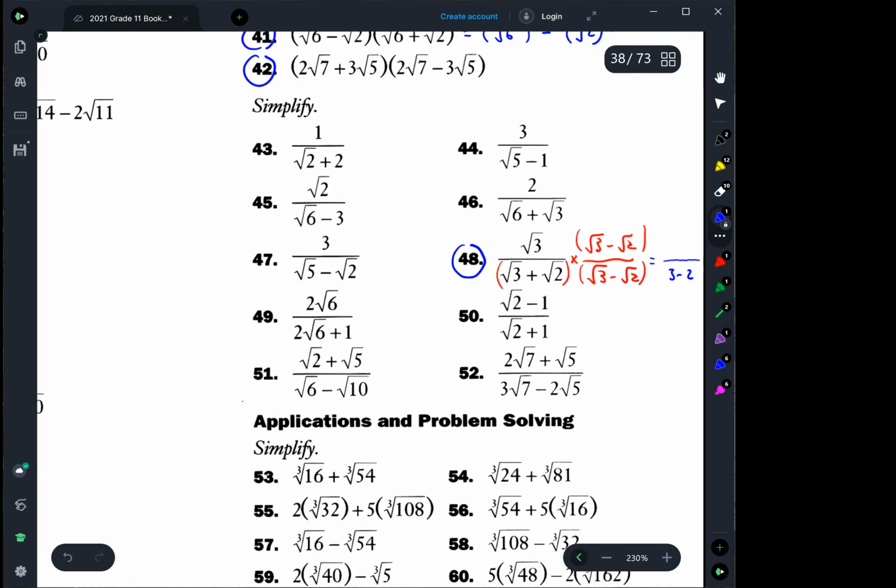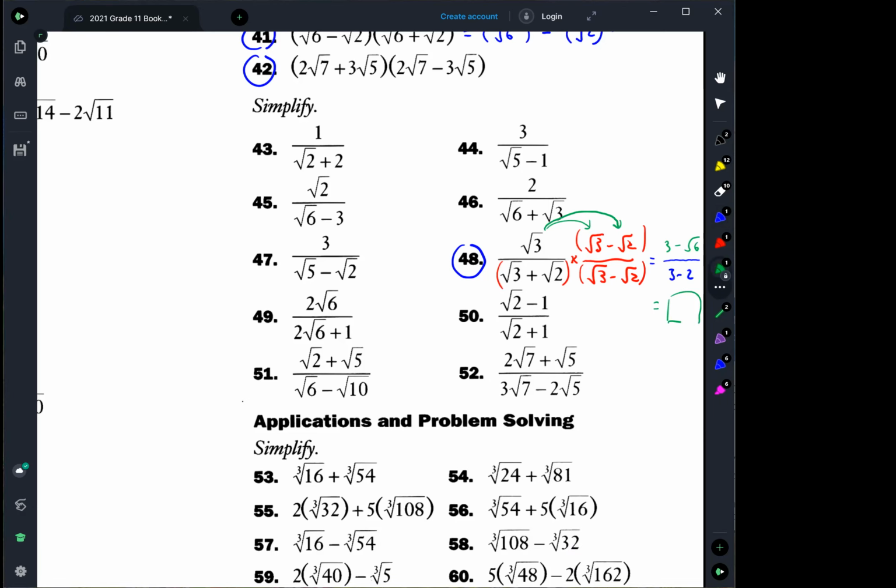What about the top? The top, I think it's √9. What's root 9? 3. So you just write 3 and then minus √6. Oh, that's all, right? And then you simplify it and leave your answer.